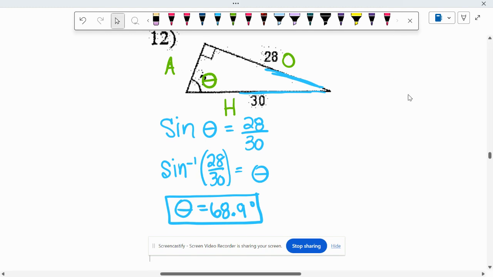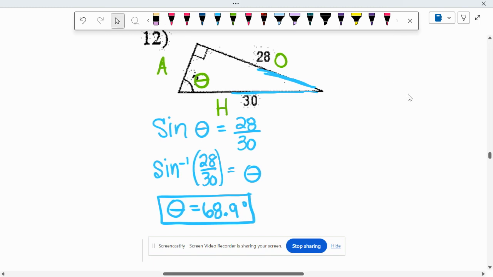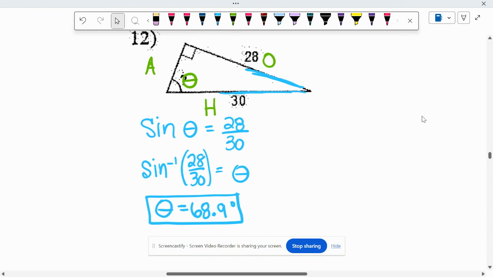Aaron, how are we going to find the other side, the adjacent side? What method do you want to use? So we used the opposite and the hypotenuse to find theta. We can do a couple of things. What are you thinking of doing? Because we need to find the adjacent side. What if we use a tangent function? Let's use tangent.